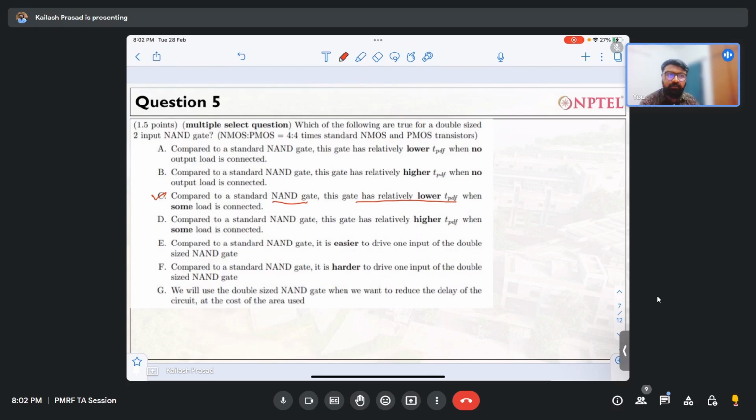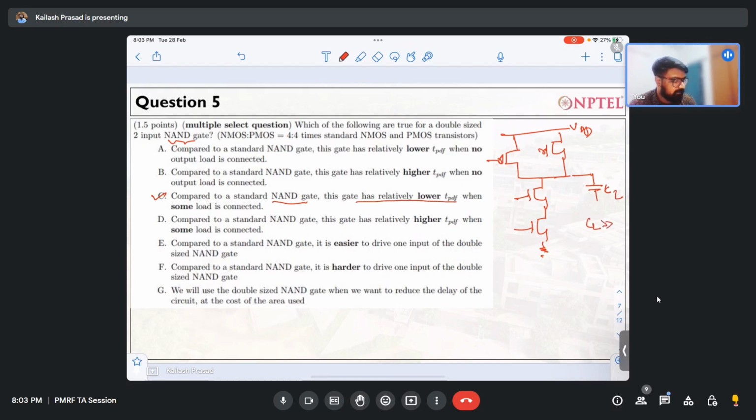So if an output load is connected like this, in a two input NAND gate, this is how it will look. This is VDD, this is ground, and this is CL. This CL is very much greater than whatever the parasitic capacitance is over there.